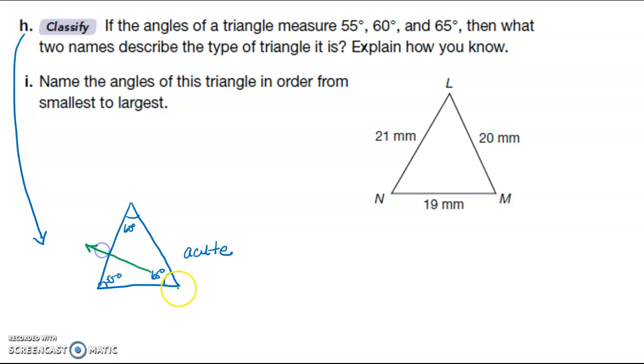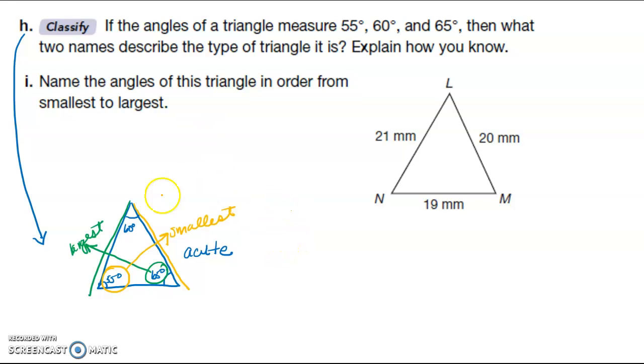This is the largest angle in this triangle, even though it may not look it because I can't draw, which means that this side is the largest side. That works with all of the different angles. So this is the smallest angle, because we have 55, 60, and 65, which means if I draw a line straight across, this side is the smallest side.